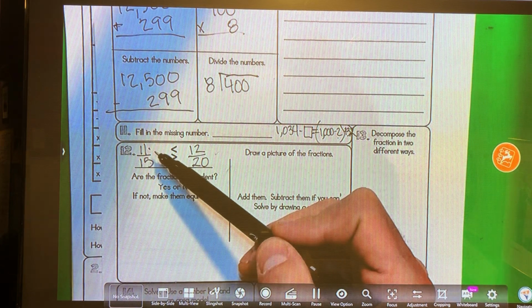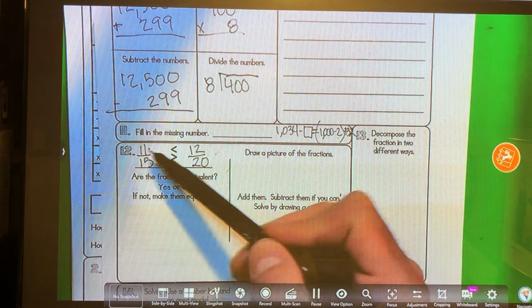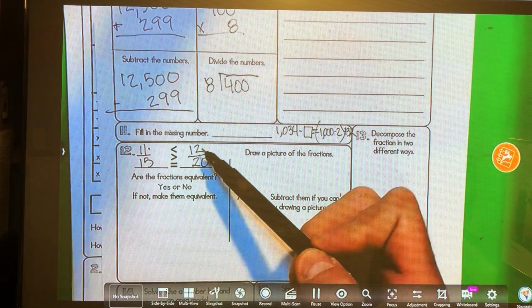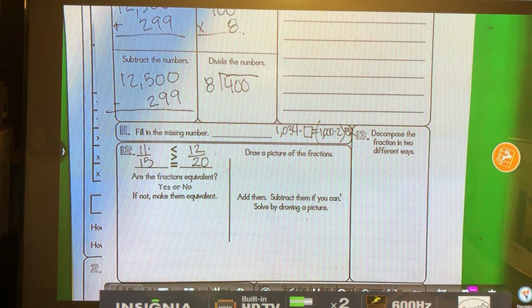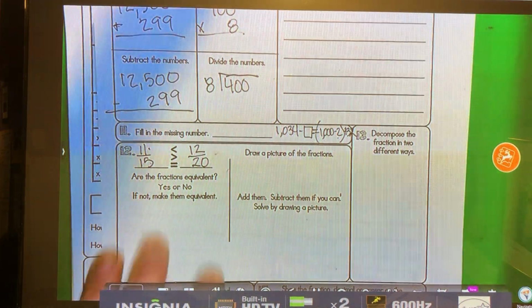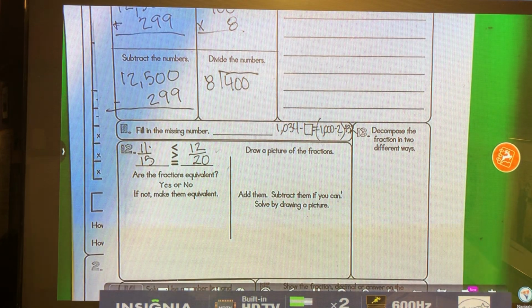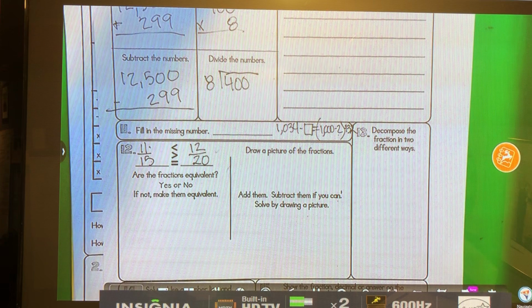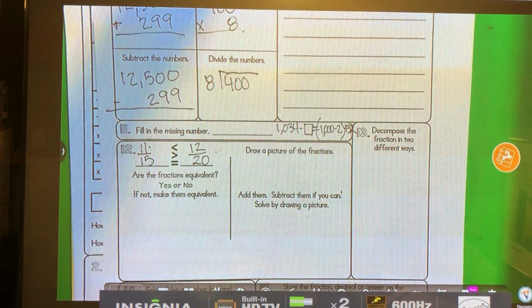So the only common factor between 11 and 15 is gonna be 1, so that one stays the same. 12/20 is a little bit different. But we are trying to figure out, are the fractions equivalent? And if not, okay, it says make them equivalent. Okay, so what are you going to need to add to a particular fraction or subtract from a particular fraction?